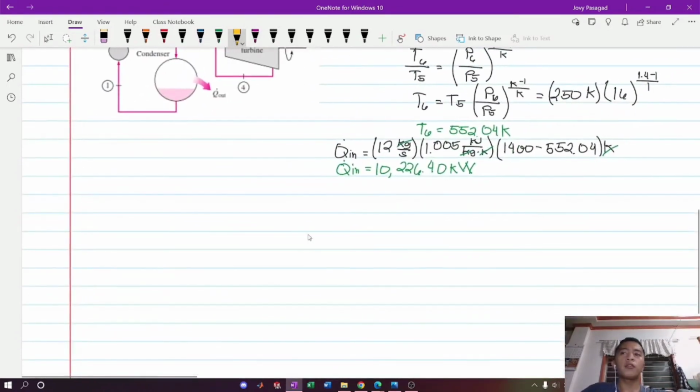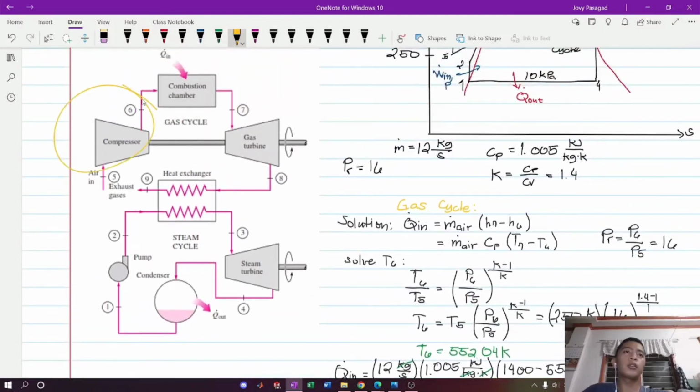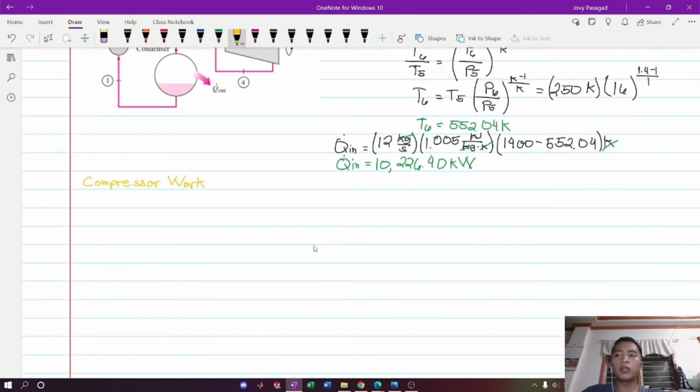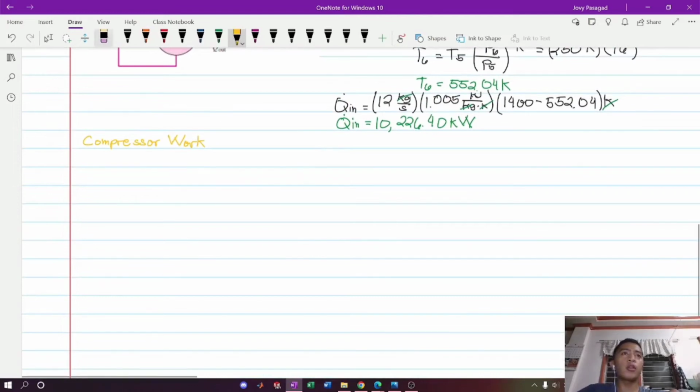Now for the compressor work, let us solve for the compressor work. We have the formula: work dot C is equal to mass flow rate sa air, Cp times T6 minus T5.